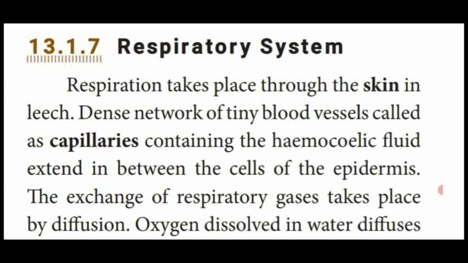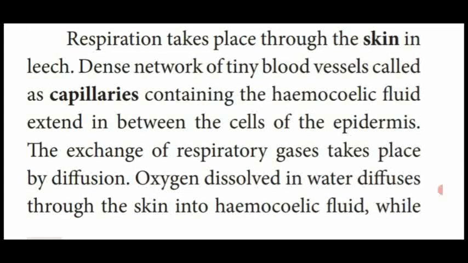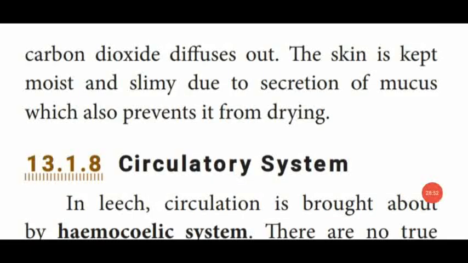Through this region only, the gaseous exchanges take place by diffusion. Diffusion means spreading. So oxygen dissolved in the water diffuses through the skin into hemocoelic fluid. Likewise, the carbon dioxide also diffuses outside.